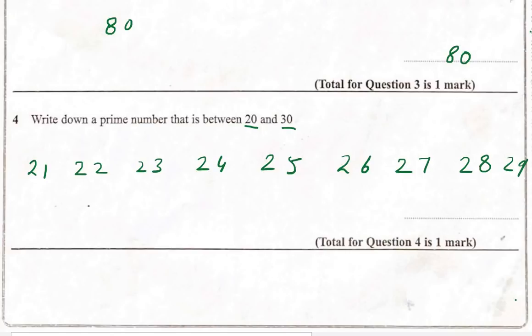A prime number is a number you can only divide by 1 and itself. You can't divide by more than 2 numbers. 21 you can divide by 1, 3 and 7, so it is not prime. 22 you divide by 1, 2 and 11, so it is not prime either. 23 I can only divide by 1 and by itself.